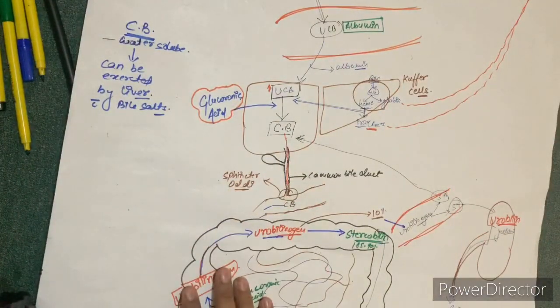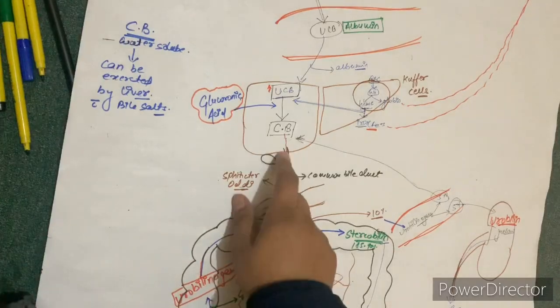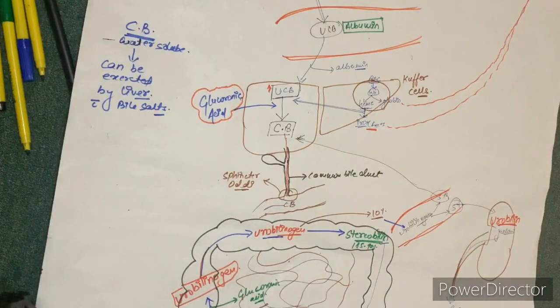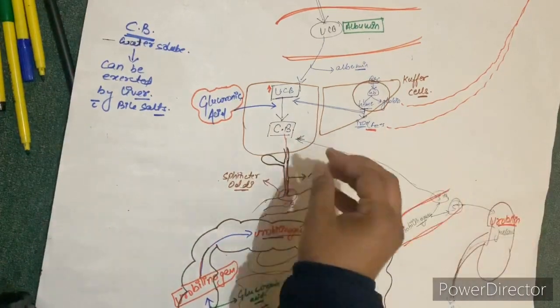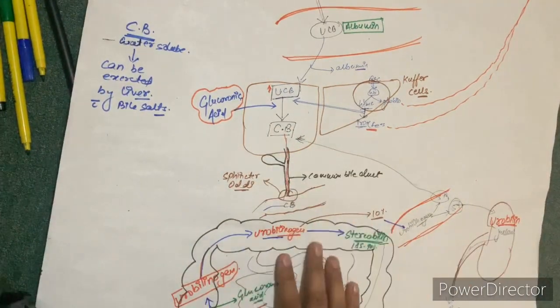Now second is hepatocellular. By the name we can tell, if there is a problem in the cells of the liver. You can ask what the problems are.